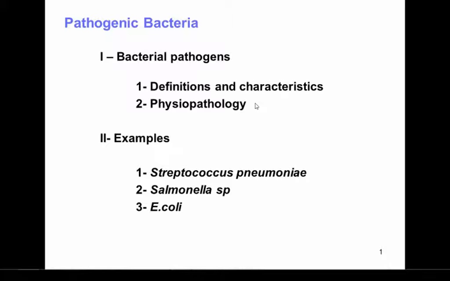How do bacteria become pathogenic? What are the functions that allow them to infect us and cause disease? That's what I mean by physiopathology here. And hopefully I will have time to also cover host defense against infection at the end of this afternoon. And then on Monday, I'll be illustrating with some examples.